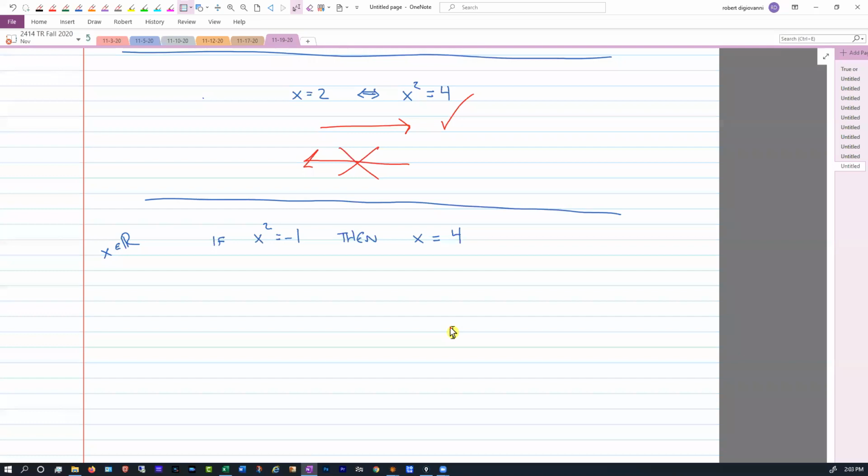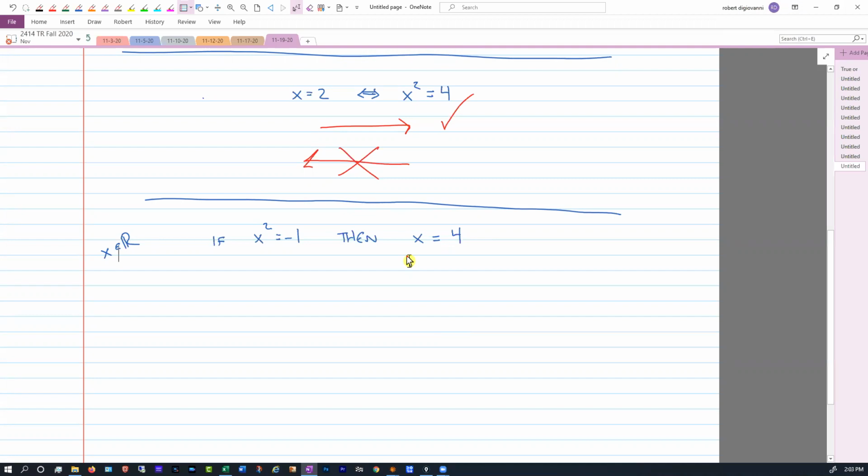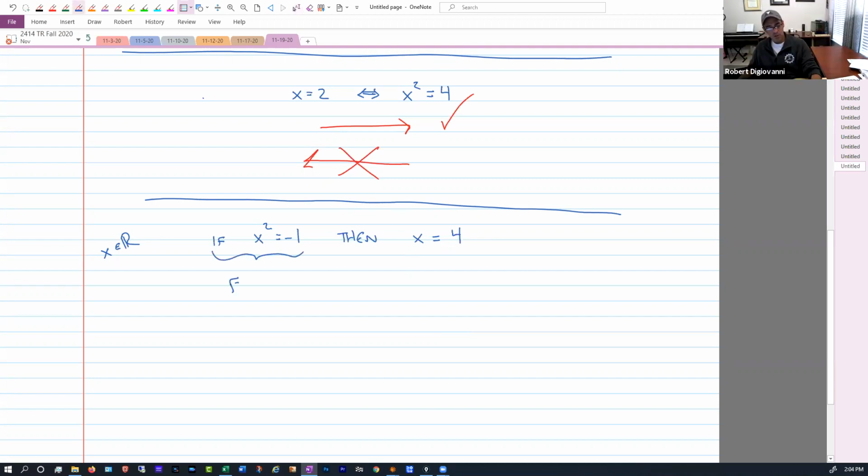So have any of you taken logic? If you have, you might know what this is all about, but this statement is actually true, because your assumption here is false. It's impossible to take a real number and square it and get -1.